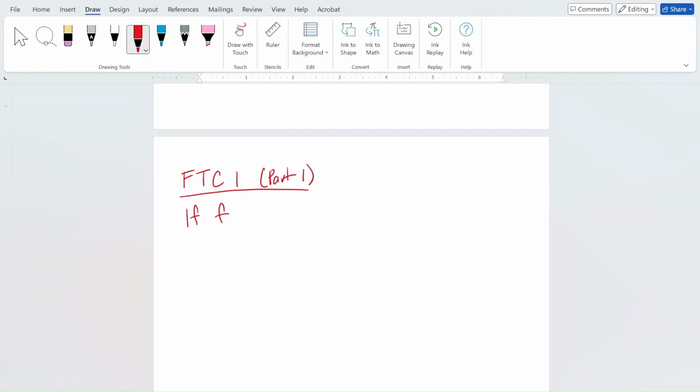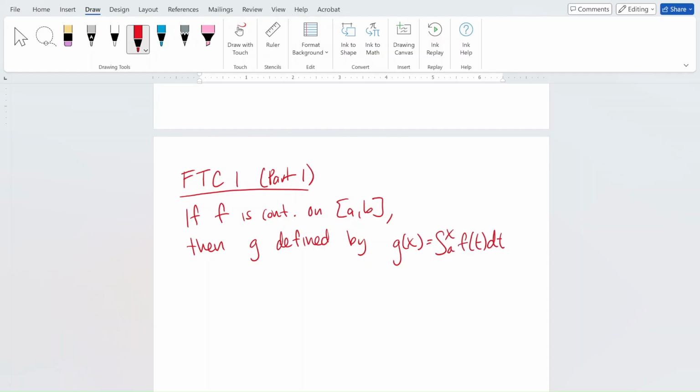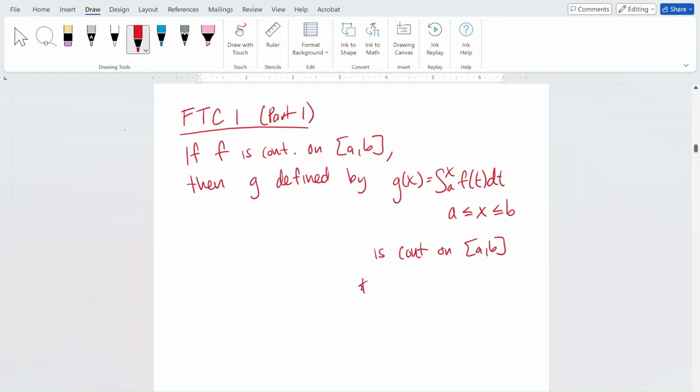First of all, it says if you have a continuous function f on a closed and bounded interval from a to b, then the function g defined by g of x equals the integral from a to x of f of t dt, like we were practicing earlier, for x between a and b or equal to them, is also continuous on a to b, and it is differentiable, just like we've kind of shown earlier, on the open interval from a to b, and the derivative g prime of x happens to be f of x.